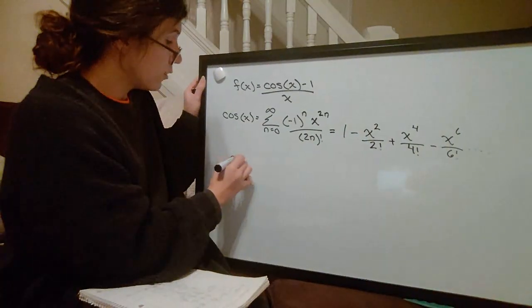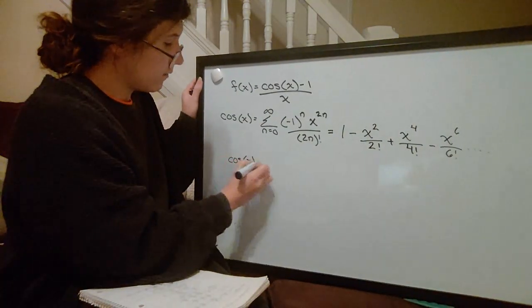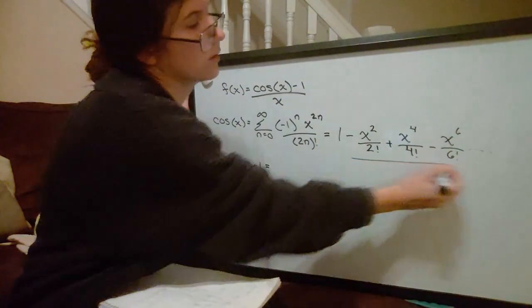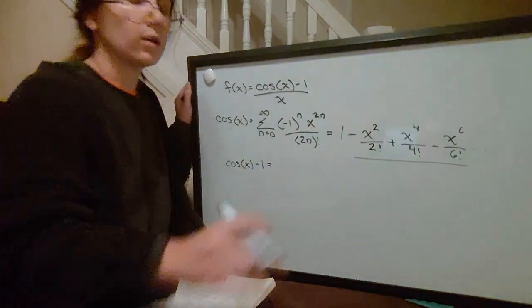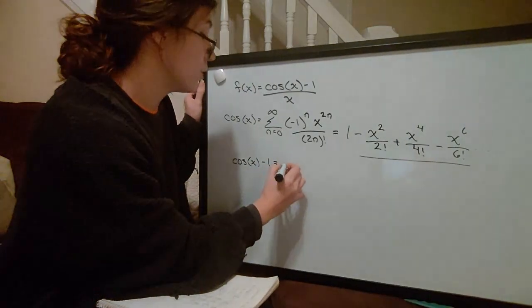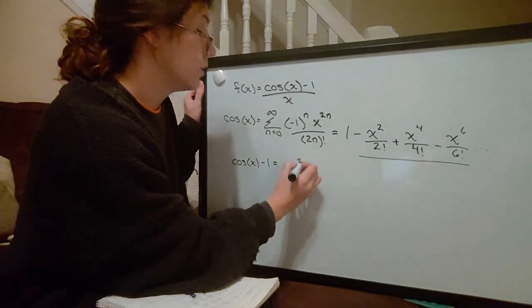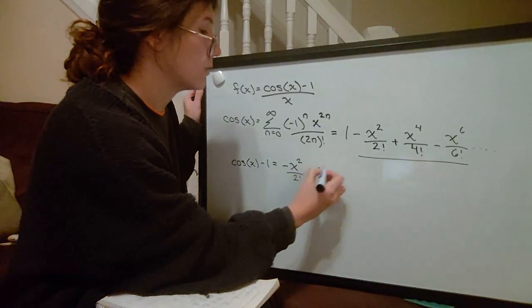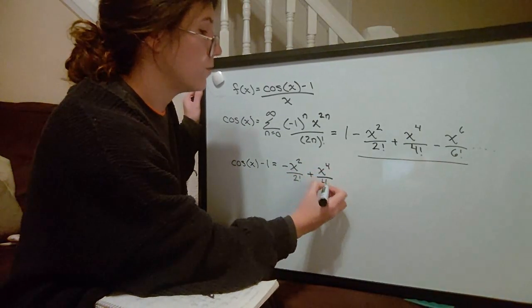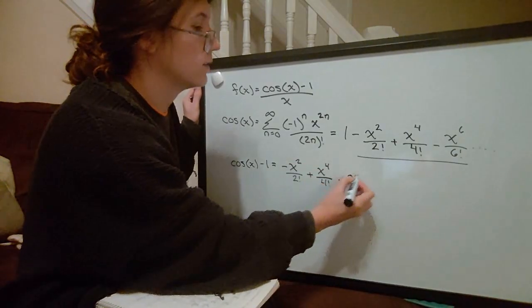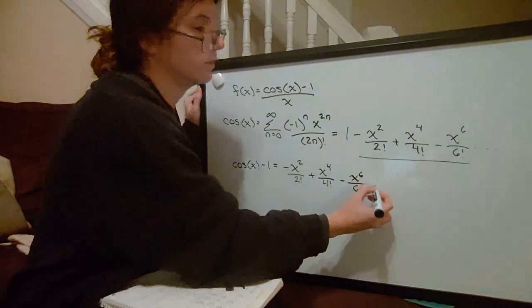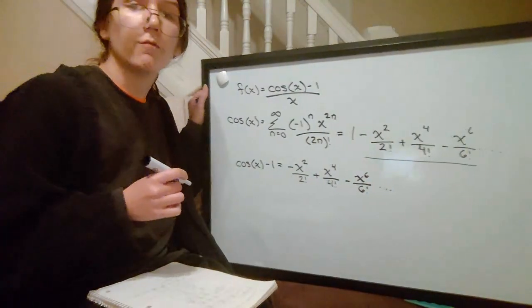So we have cosine of x minus 1 equals all of this, not including our 1, because that is the part that we're subtracting. So we are just going to say x to the 2 over 2 factorial plus x to the 4 over 4 factorial minus x to the 6 over 6 factorial, continuing on and on and on forever.